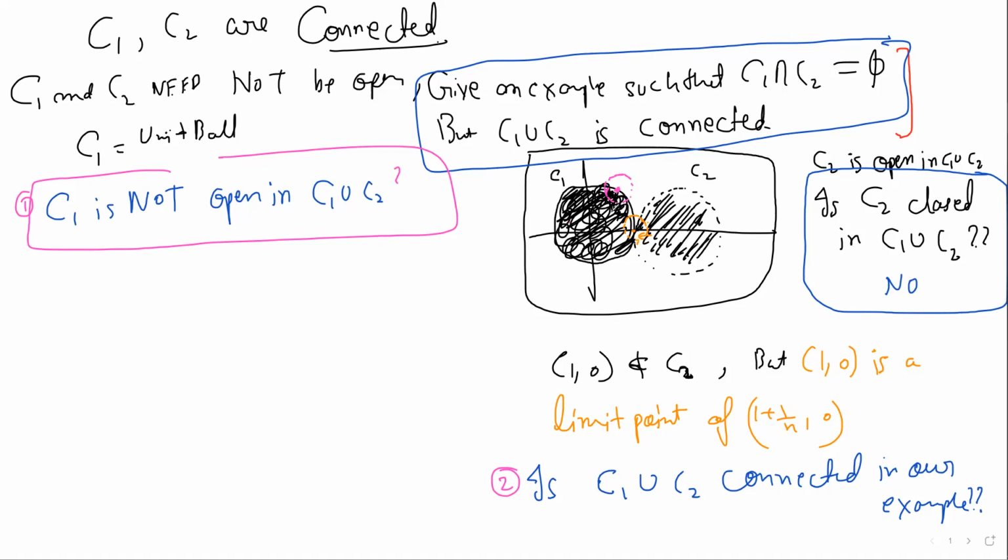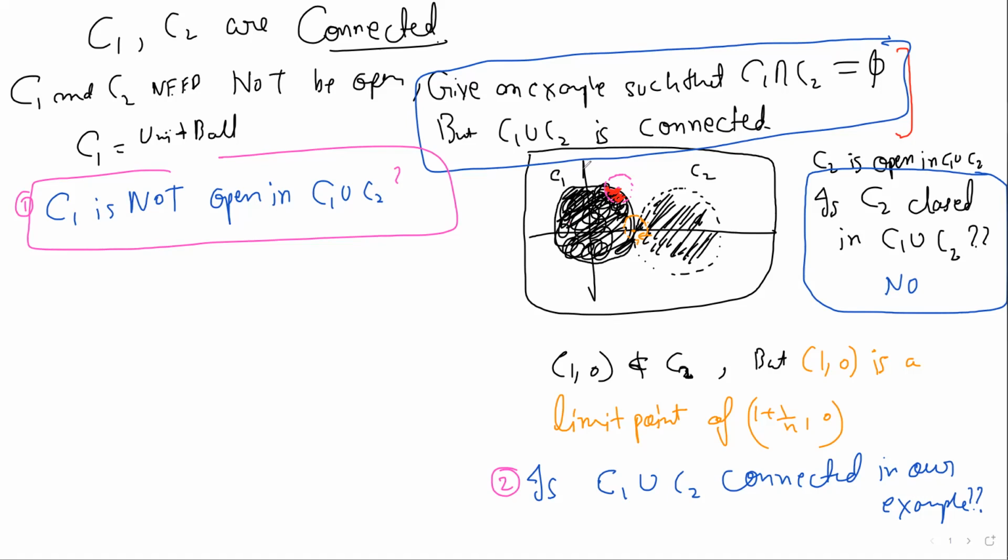That pink ball is in R2, but that is not what we're interested in. We will be interested in the red part of the pink ball. This is the ball in the union, and it is completely inside C1 union C2.